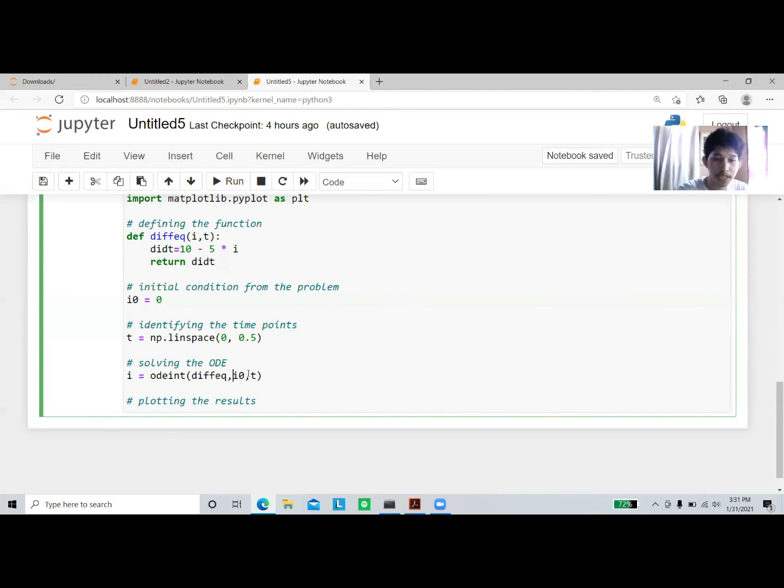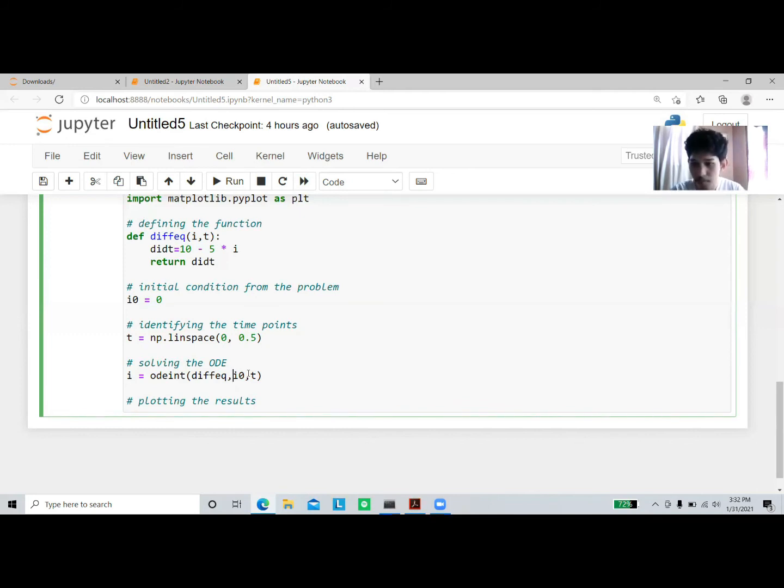The first one is the function that we made earlier, the next one is the initial condition, and the last one is the time points that we made. The model, or the function that we made, is the function name that returns the derivative values at the requested I and t values, dy dt.